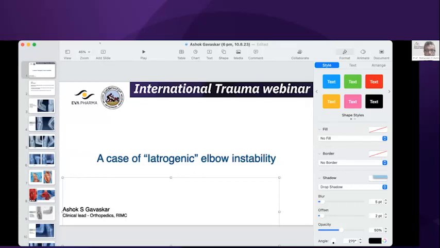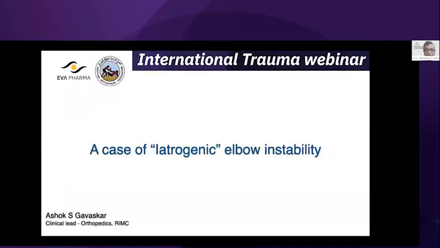We can see your presentation, a case of iatrogenic elbow instability.